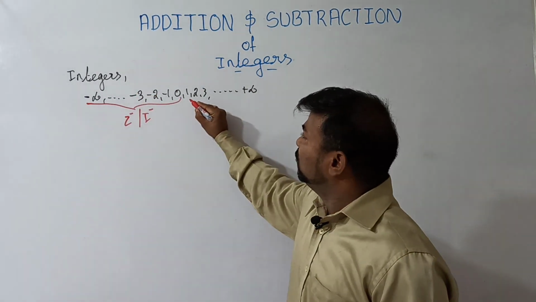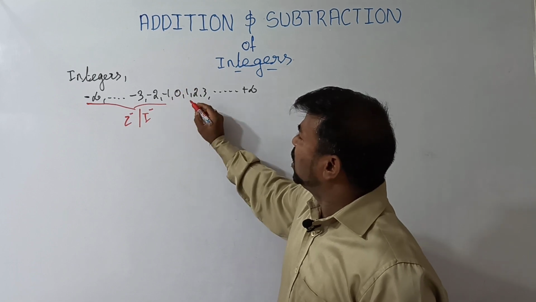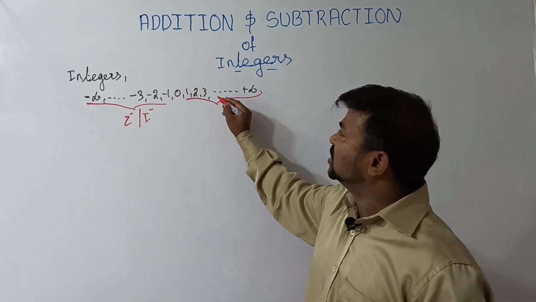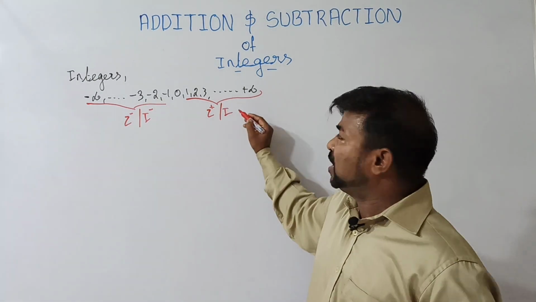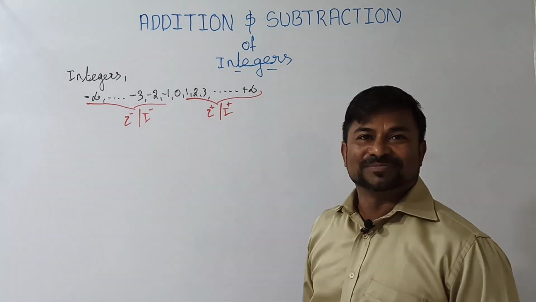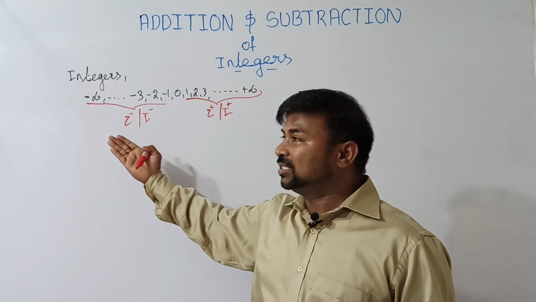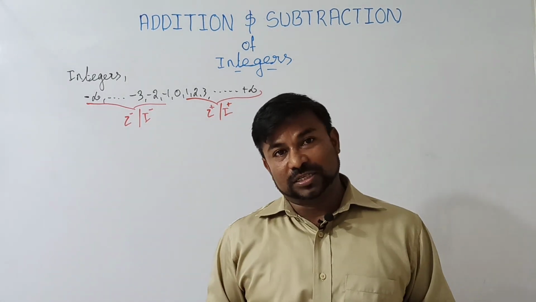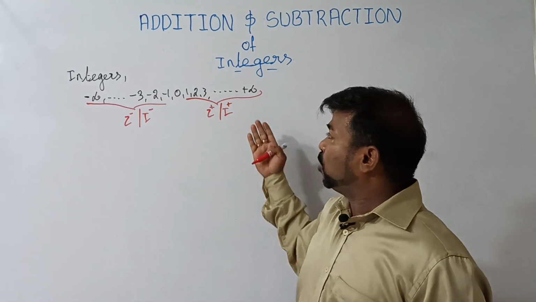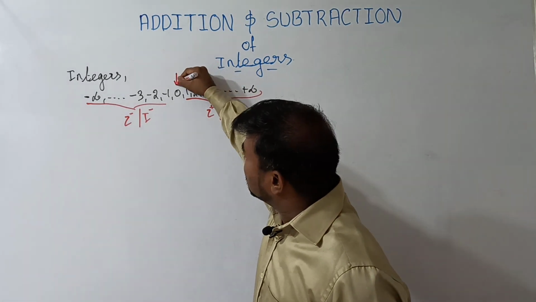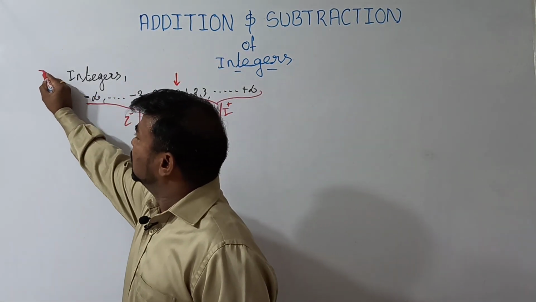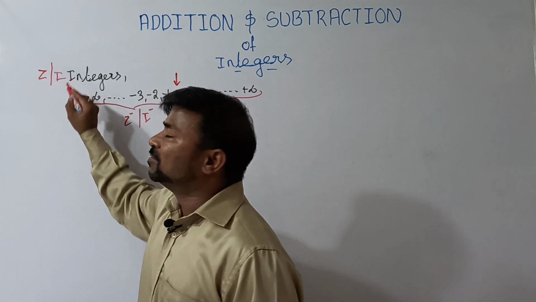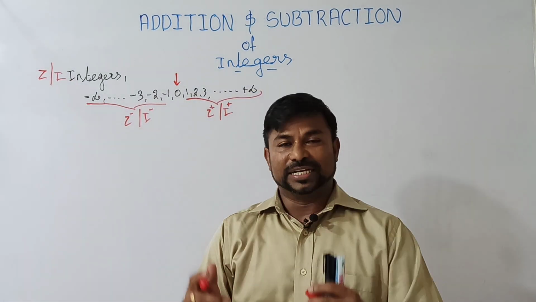These are the positive integers, Z plus or I plus. So negative integers, positive integers and 0, all together we represent with a Z or capital I. All these are the integers.